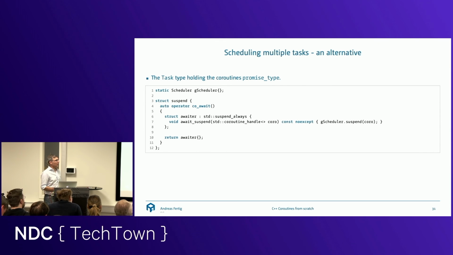Internally, you can see I once again declare this awaiter struct. It derives from suspend_always. And this time, the only function I'm overriding is await_suspend. It takes a void coroutine handle and it calls gscheduler.suspend, passing the coroutine handle. In line number 10, then, I'm default constructing such an awaiter object and returning that.